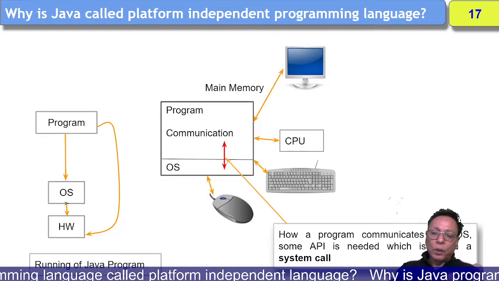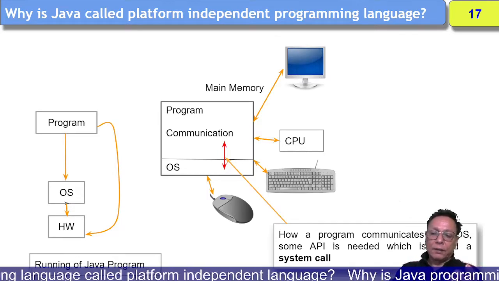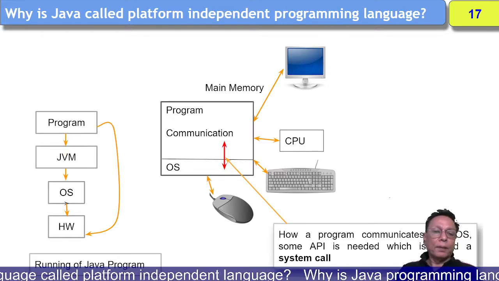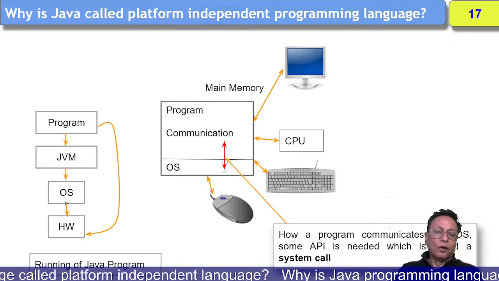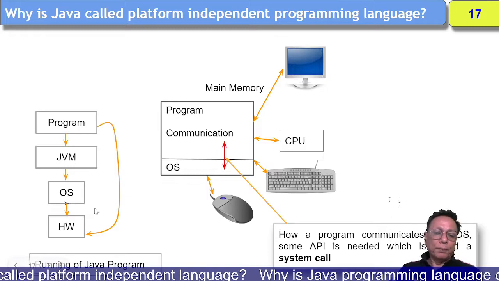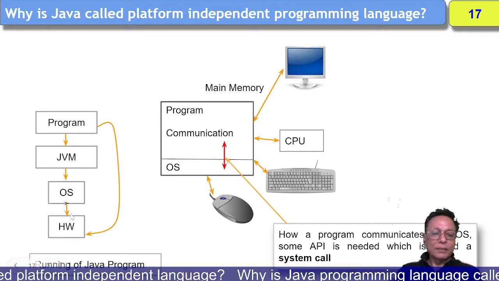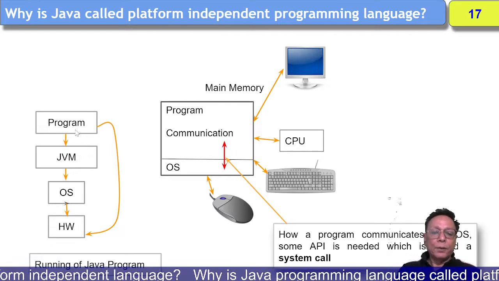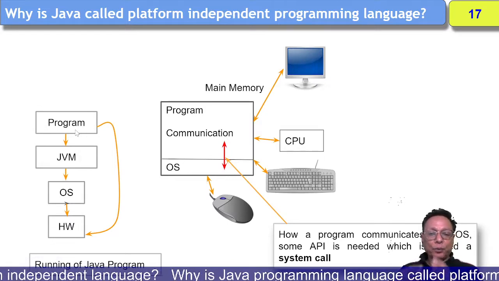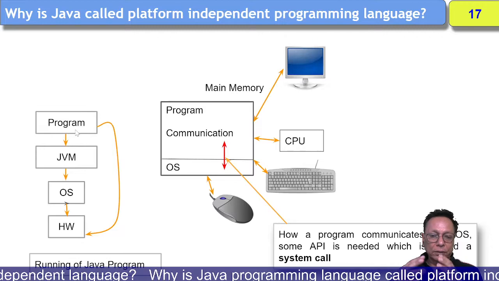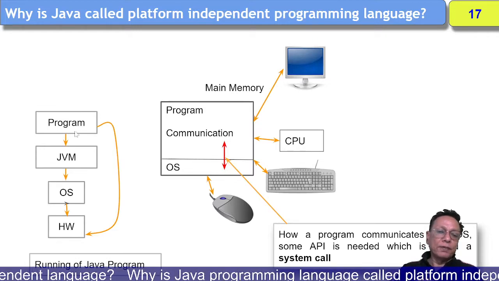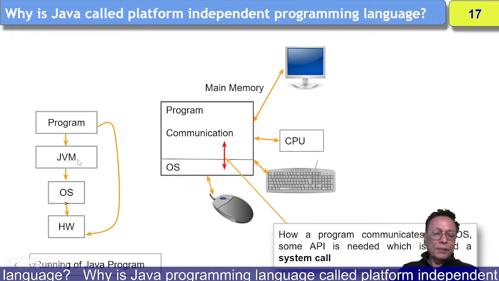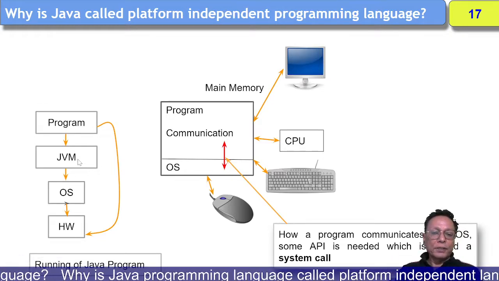Okay. As far as Java is concerned, once a Java program is created and compiled, to run it, hardware is there, the operating system is there, and the program is compiled. Once the program is compiled and you want to get its output, the JVM comes into existence, and the JVM makes the communication between the program, the operating system and the hardware.